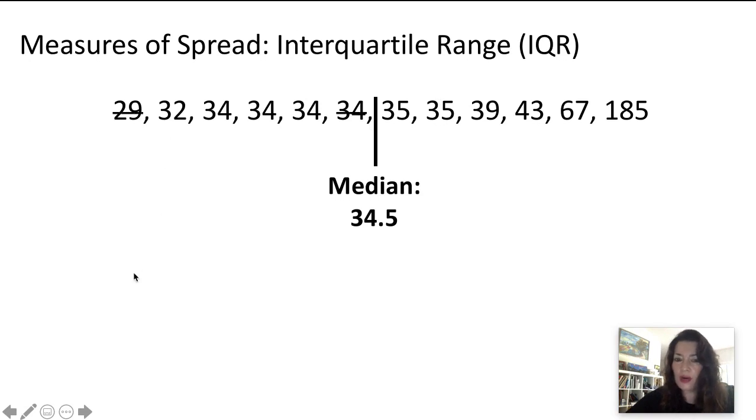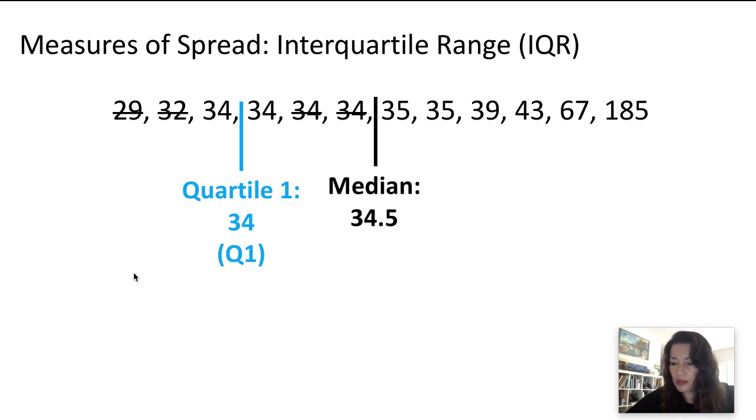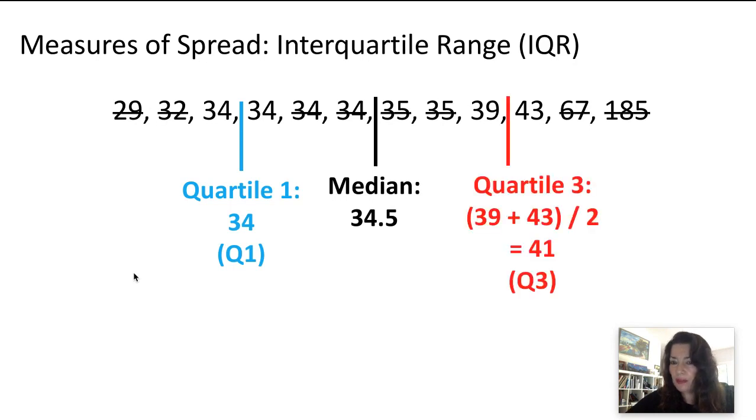From there, we are going to find the middle of the bottom 50%, and that is our Q1, or quartile one, in this case 34. And then we're going to find the middle of our upper quartile, which is our top 50%, and that is 41.